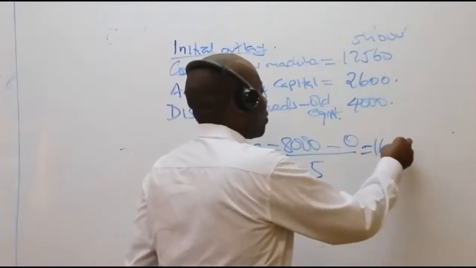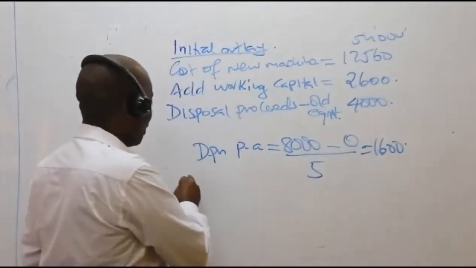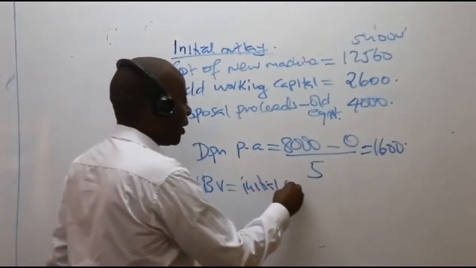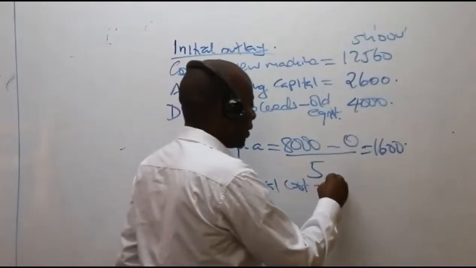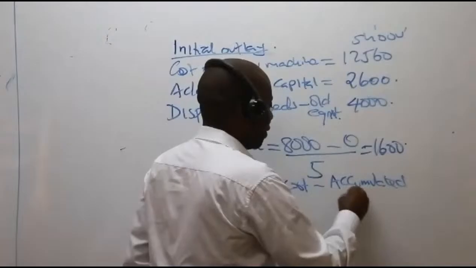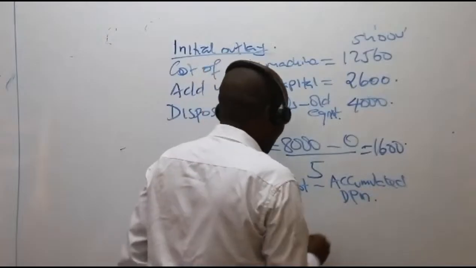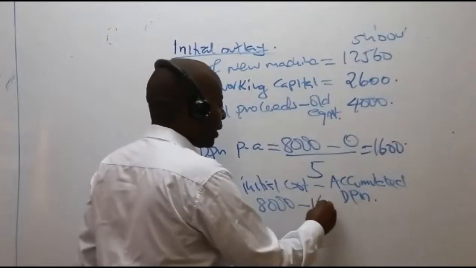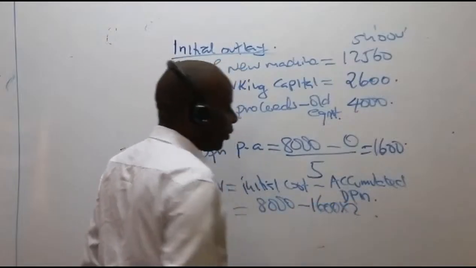1,600. So how do we get net book value? To get net book value, we normally take the initial cost minus accumulated depreciation. So the initial purchase cost here is 8,000. Accumulated will be 1,600. For how many years have we been with this machine?